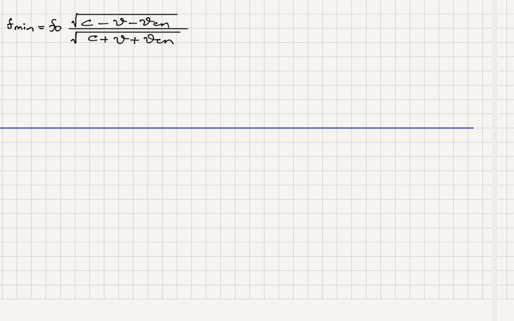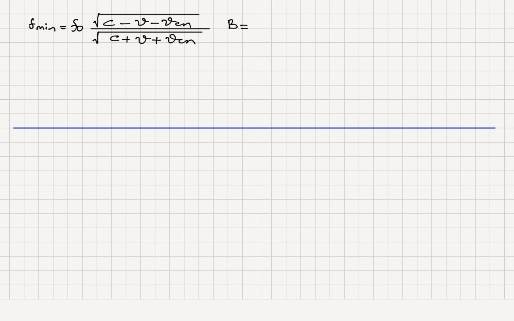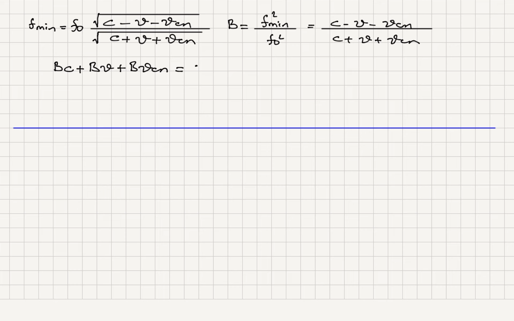And now I call B the ratio of minimum frequency squared to F0 squared, which is equal to C minus V center of mass divided by C plus V center of mass, and multiplying the bottom with B, equating it to the top, I have BC plus BV plus BV center of mass is equal to C minus V center of mass.